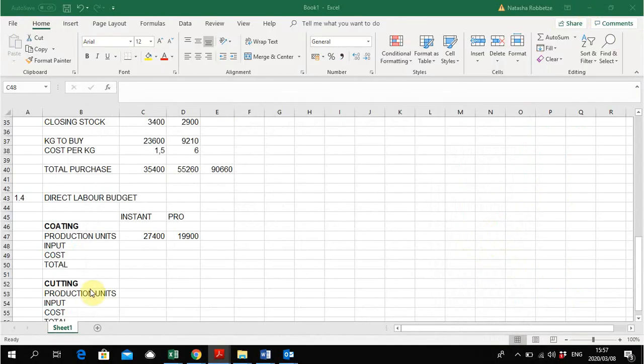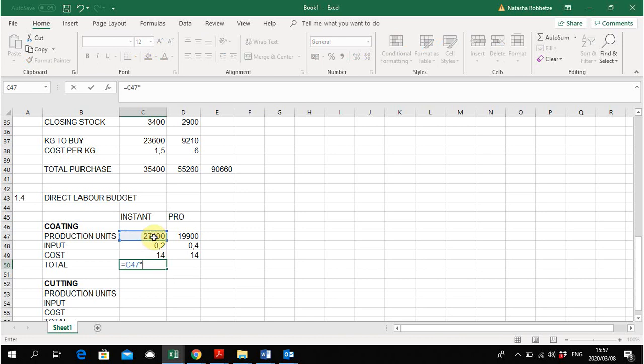So there I'm going to now have to first convert it and say 12 minutes will be 12 out of 60. And for the Pro image, the coating department takes 24 minutes out of 60. Then the cost for the coating department is 14 Rand. And I will calculate the total there through multiplication.